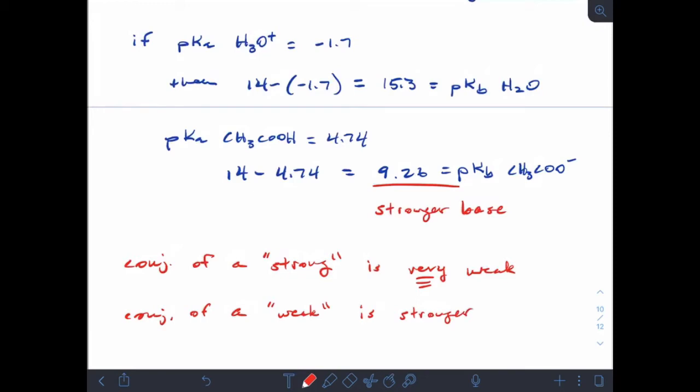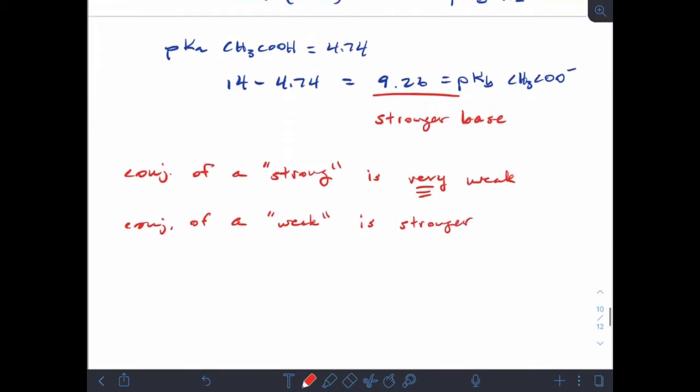Acknowledging that the conjugate of a weak acid is still a weak base. So that's something we have to keep in mind. Just because it's a weak acid doesn't make the conjugate a strong base. It's just stronger than the conjugate of a strong acid. Kind of a little bit confusing.